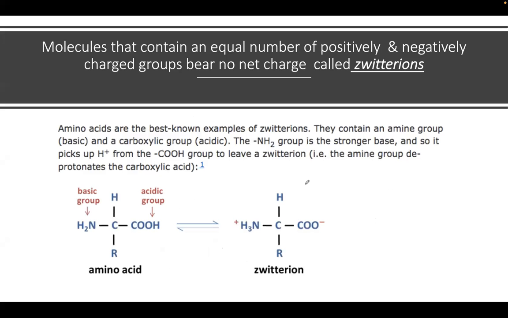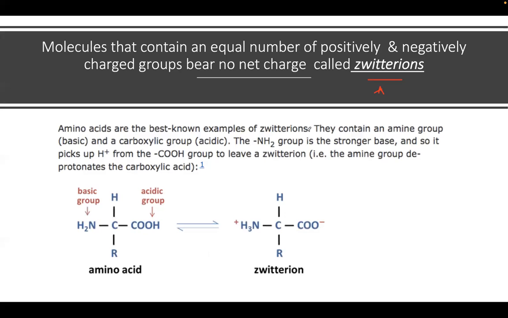Okay, now let's mention this concept of Zwitterions. Molecules that contain an equal number of positive and negative charged groups and bear no net charge are called Zwitterions. So this is one of the structural properties of amino acids.